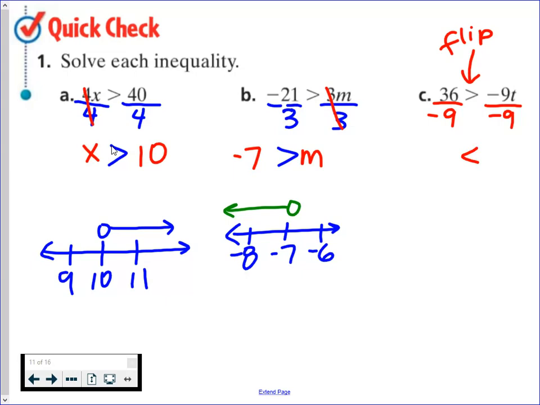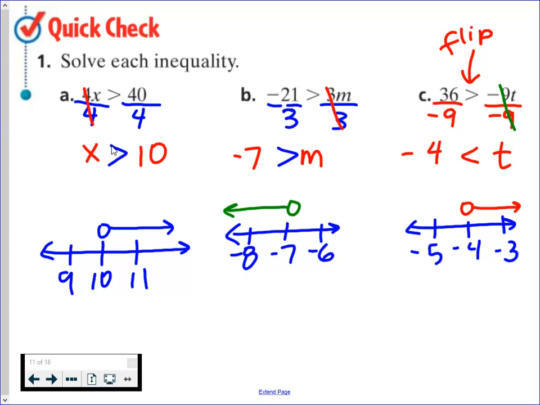When I divide by a negative, the symbol flips over. Negative 4 is less than negative 3.